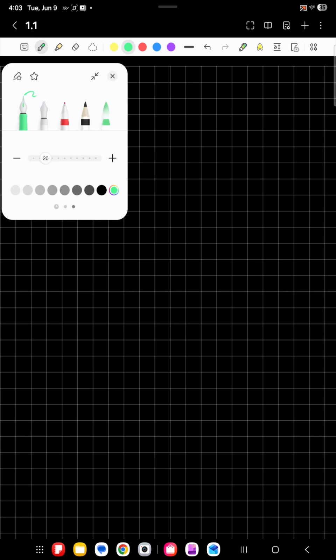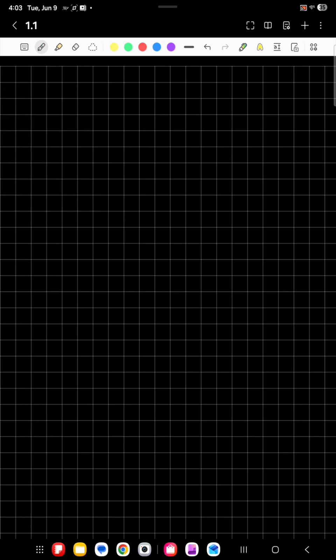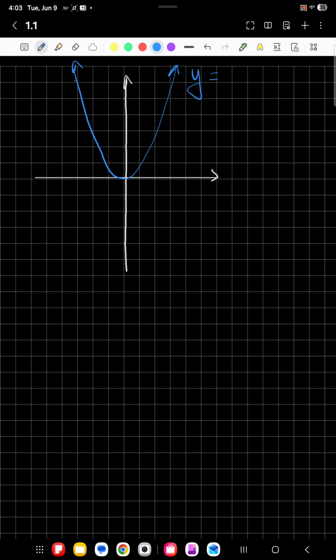Okay, so let's just use regular pen. I hope you guys can graph it. It's just a regular parabola, y equals x squared. Use a different color. So this is y equals x squared.